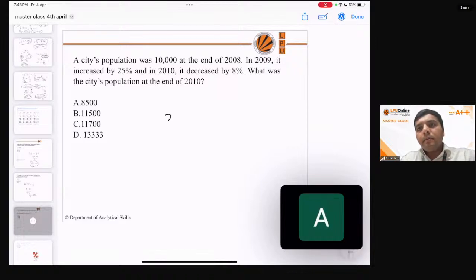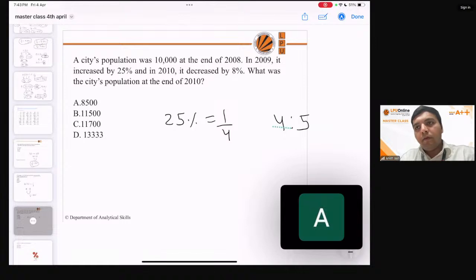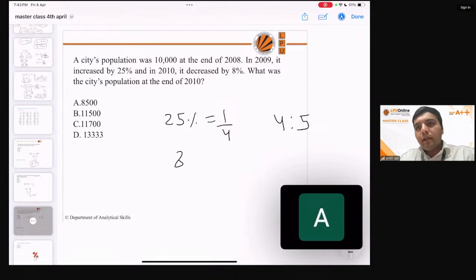First, it is increased by 25%, which is 1 by 4. An increase of 25% means 4 becomes 5. Then a decrease of 8%. 8 by 100 is 2 by 25. If earlier it was 25, now it decreased by 2, so it becomes 23.